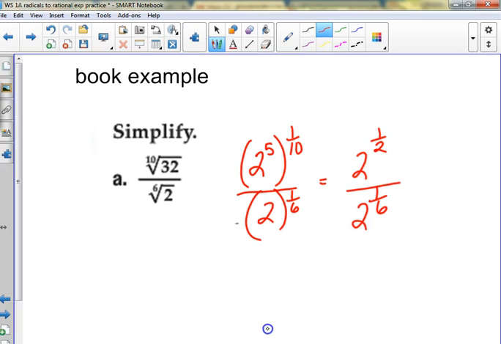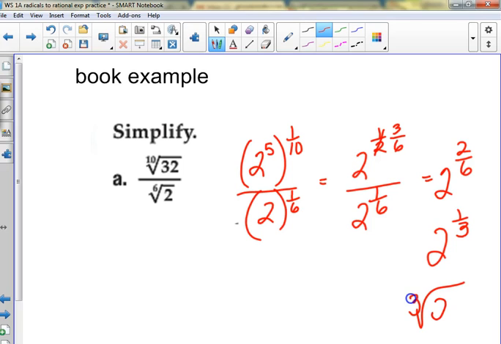Can I subtract? This becomes 3/6. When we subtract, we get 2/6, which is 1/3, right? On a good day. So what's left?